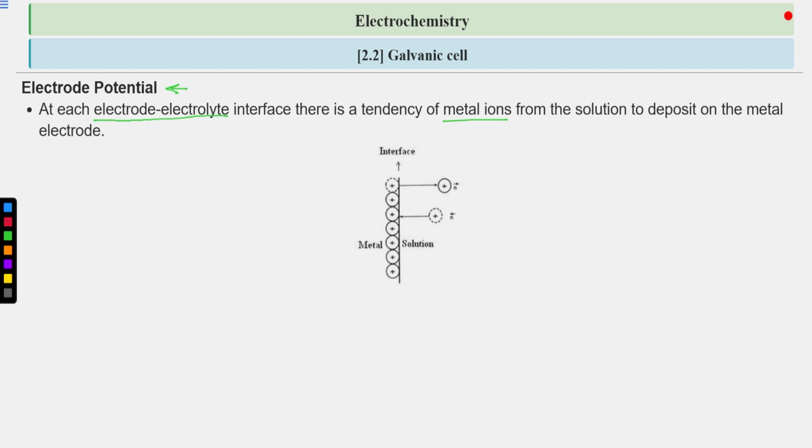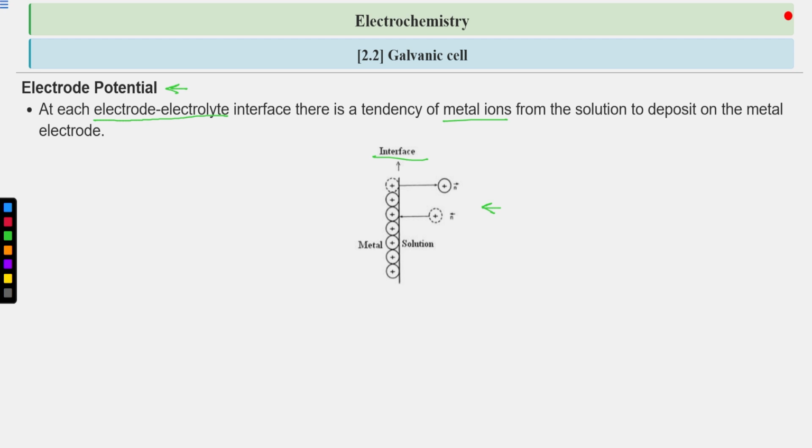If you look at this diagram, the straight line represents the interface between the electrode and the electrolyte. Here we have a solution, here we have metal ions, and this is the interface, the boundary between the metal and the solution, or the electrode and the electrolyte.